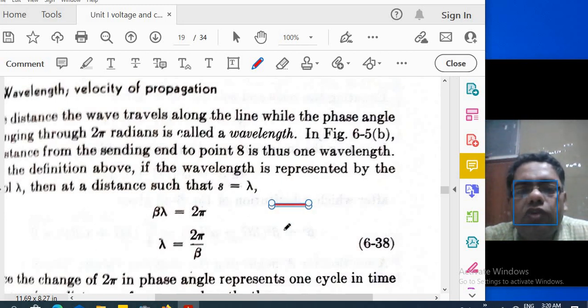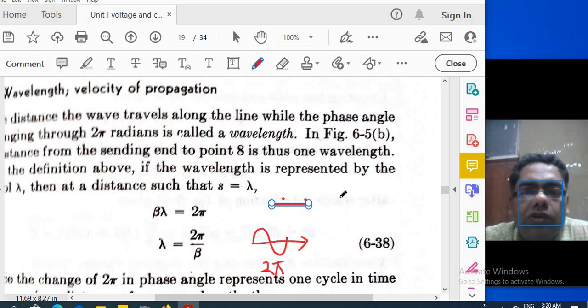We know that when the wave travels 1 lambda distance along the length of the line, the phase changes by 2 pi, because traveling one full lambda is equivalent to a phase change of 2 pi. So for unit length distance, the phase change is beta.